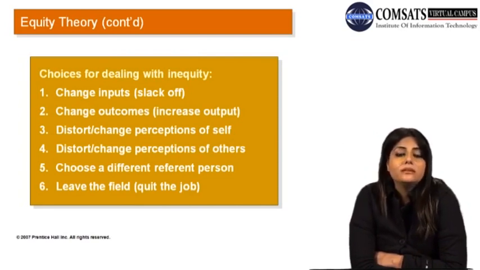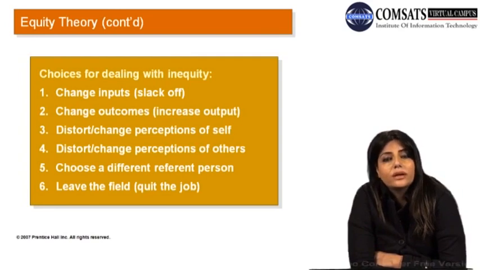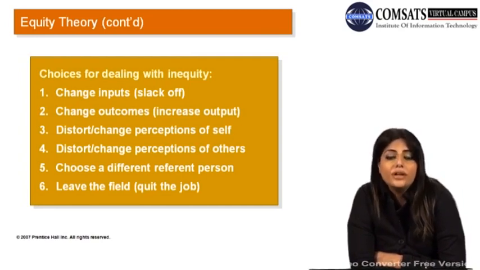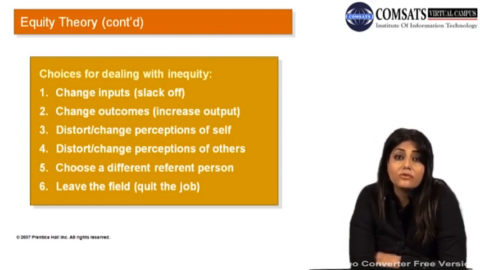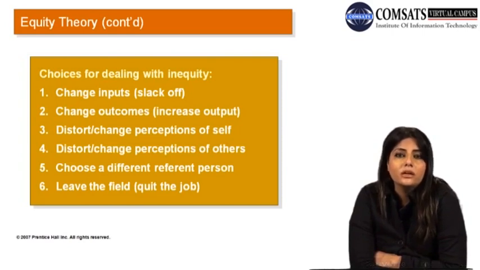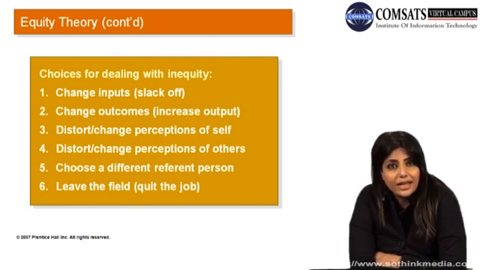For example, they might start thinking that they were really working harder, and they don't need to work that hard on that task. They can also change perceptions of others, the referent others with whom they are trying to make the comparison. They might be thinking that Maslow, for example, his job is not as exciting or as good as I was thinking it to be.